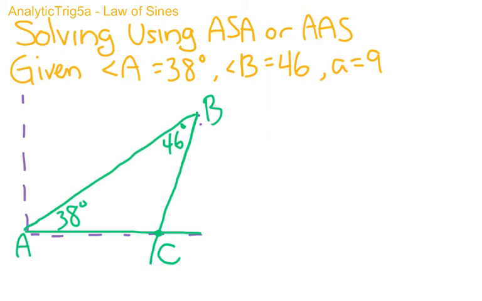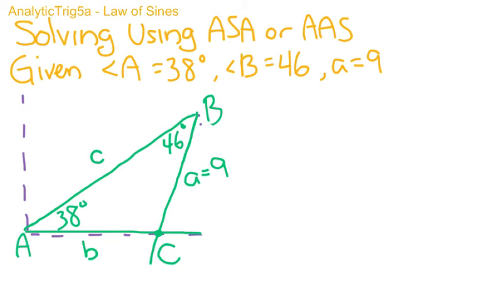This point that was created where angle C is was forced to intersect with that original ray that I created from angle A. Opposite angle A is little a, which happens to be 9, and opposite big B is little b, not a 6. So that, I think, is the best way to sketch the triangle when we're given the information, just like above.